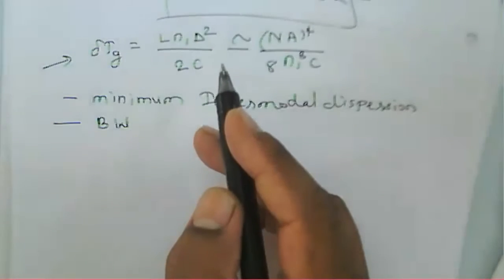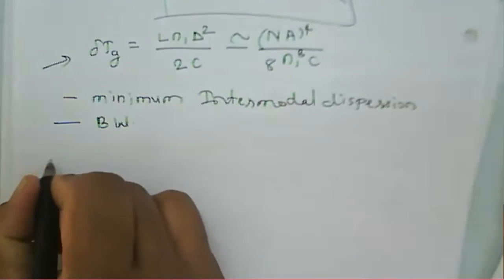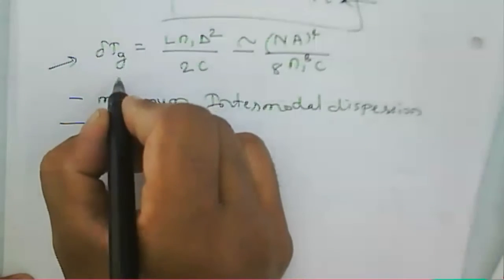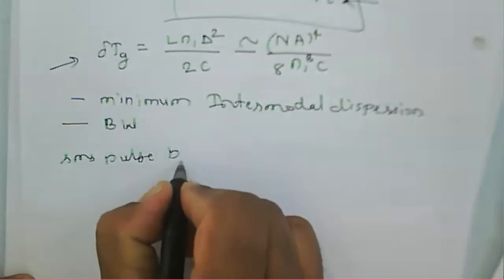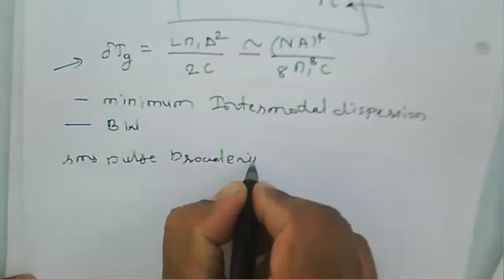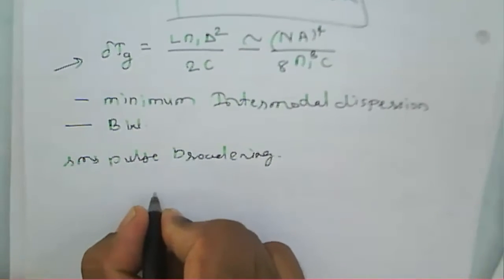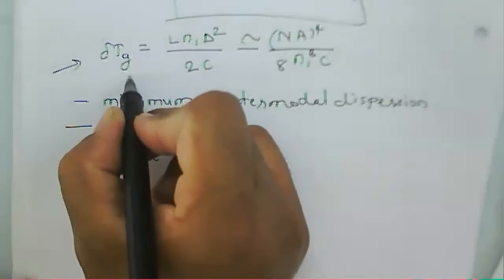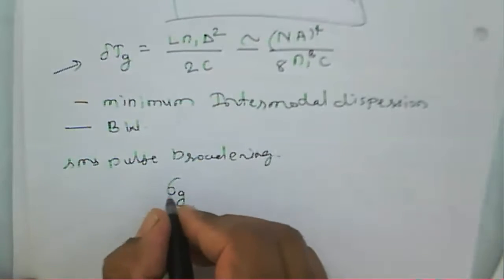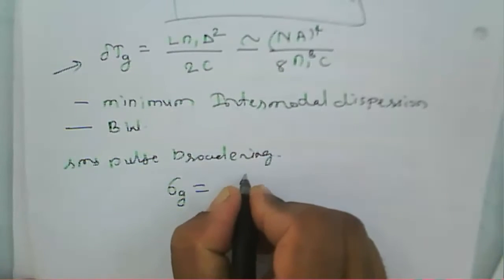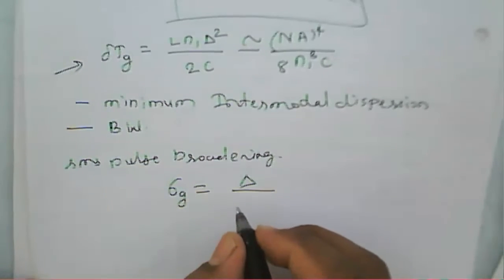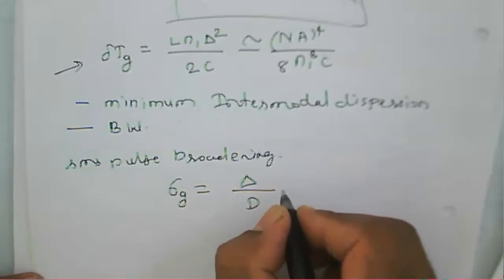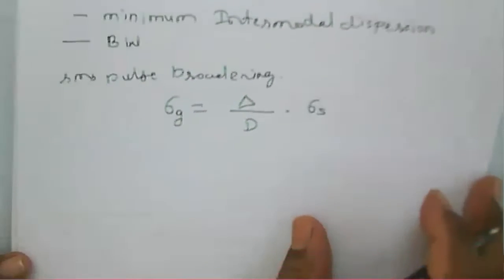And then we can calculate the RMS pulse broadening. That RMS pulse broadening is equal to sigma G, where G stands for gradient index. Here again G stands for the gradient index fiber. Sigma G is equal to the difference in the refractive index, and a constant D with respect to the step index fiber.